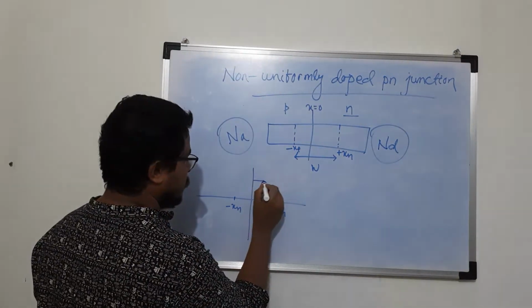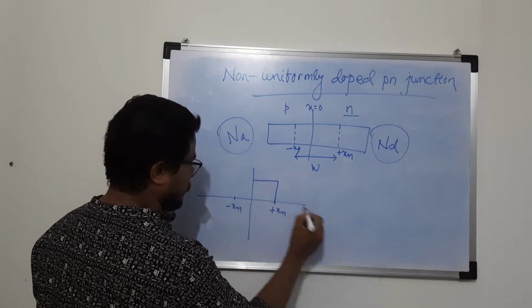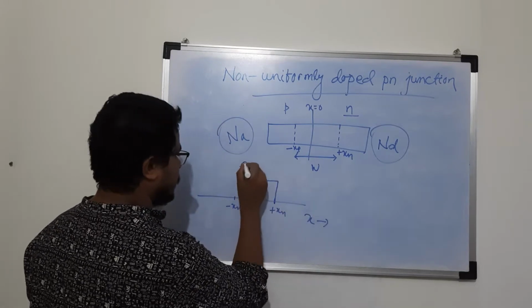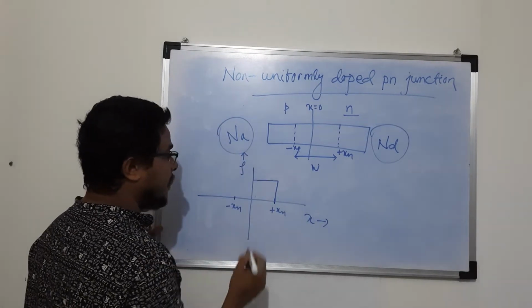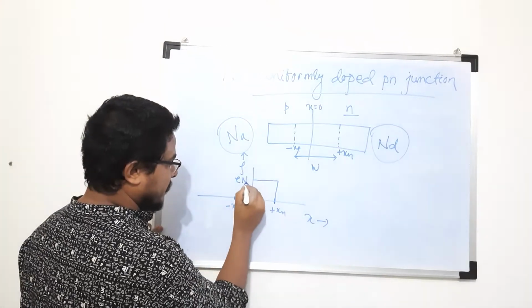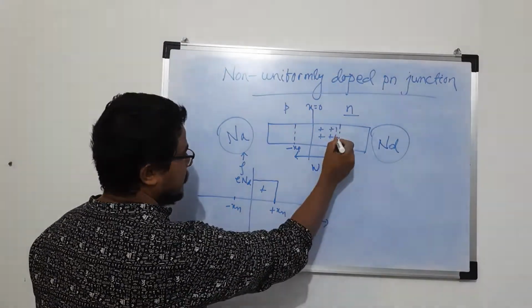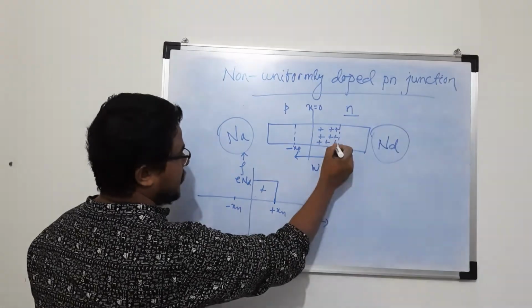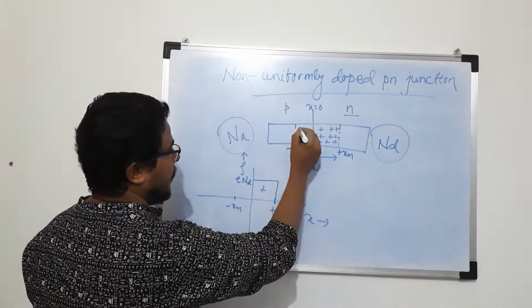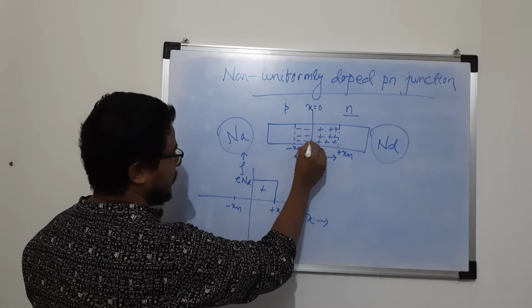And the charge distribution you got: this is x, the length, and this is the volume charge density. This charge density here we said is eND, because a positive space charge region is created here, positive space charge region in the N side and negative space charge region in the P side.